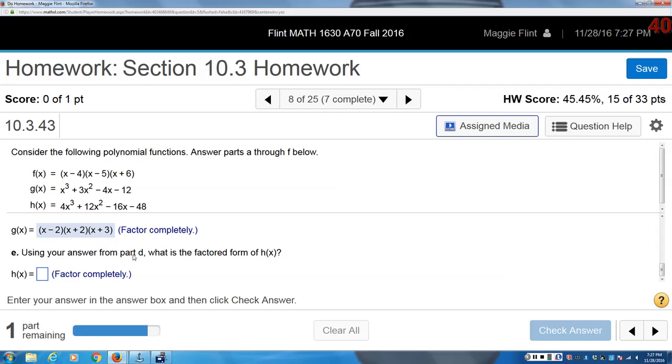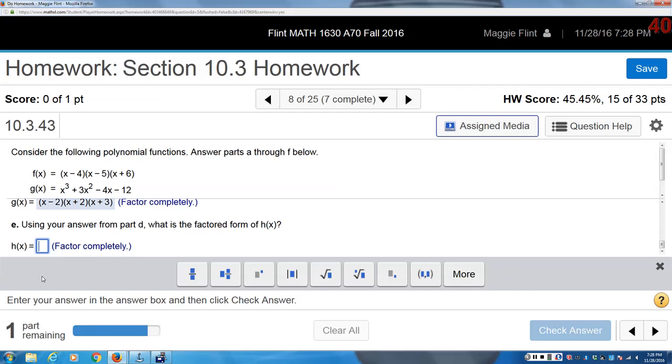Using your answer from part D, what is the factored form of h of x? What does h of x have in common with g of x? Now you can factor out the 4. So it's 4 times x cubed plus 3x squared minus 4x minus 12. So the factored form of that is the same as the answer that you gave for g of x, but it has a 4 in front of it.